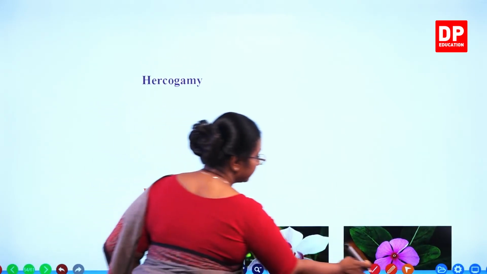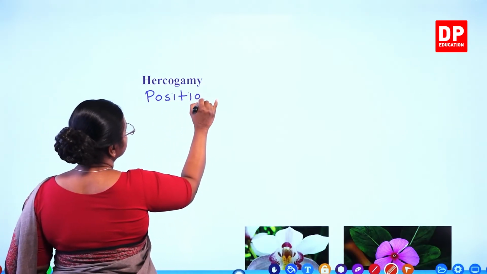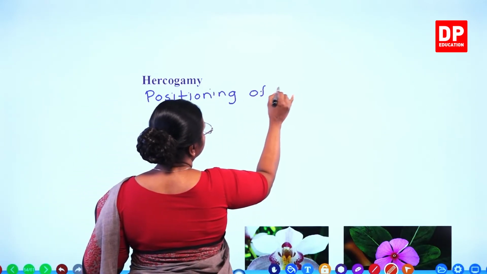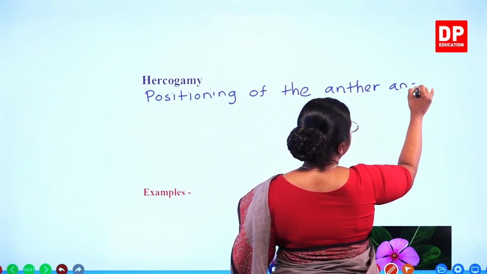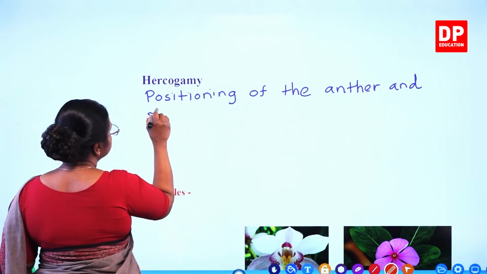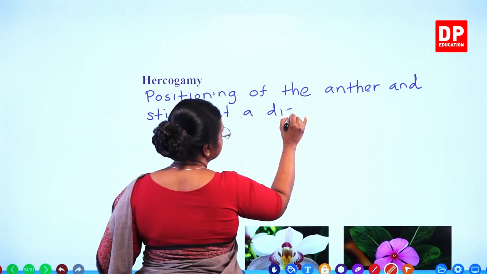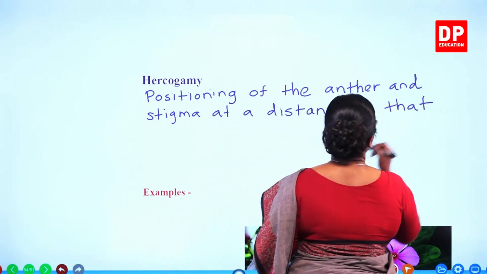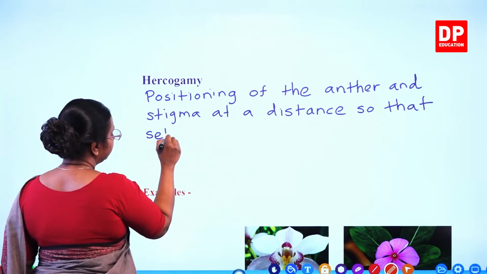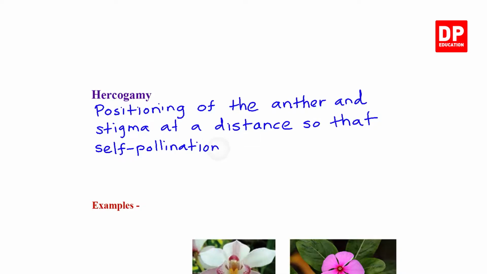So hercogamy means positioning of the anther and stigma at a distance so that self-pollination will not take place.